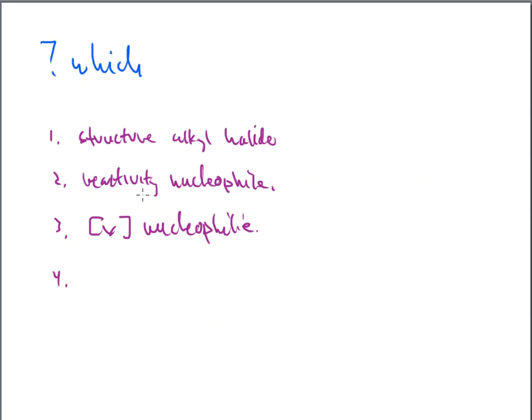And number 4, we have to talk about the solvent of the reaction. So is this taking place at a wedding? Is this taking place at a bar? Is this taking place at a work function? That's the solvent. That's the environment.